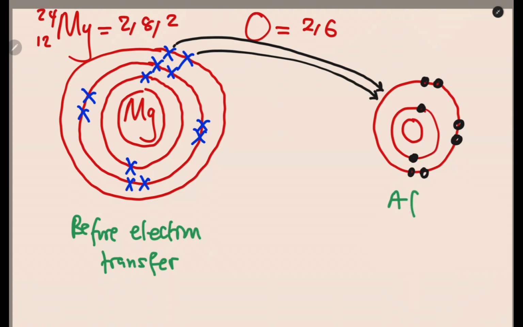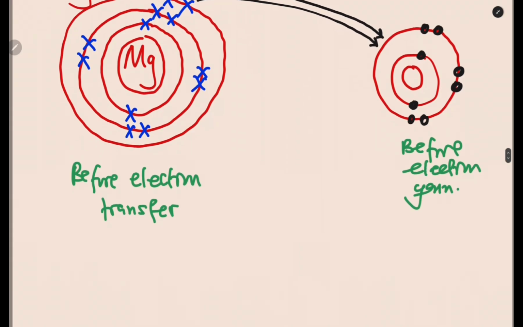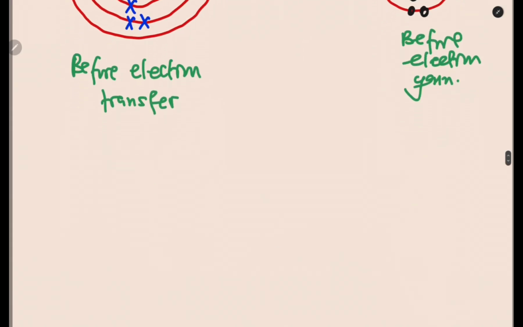Then here you can say before electron gain. Before electron gain. Then now we are going to draw the structures that show after. So the one for magnesium, after it has lost electrons, it is going to lose a shell.